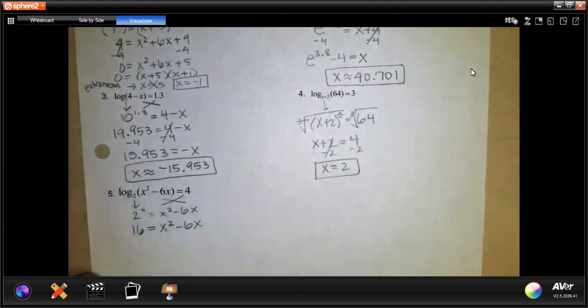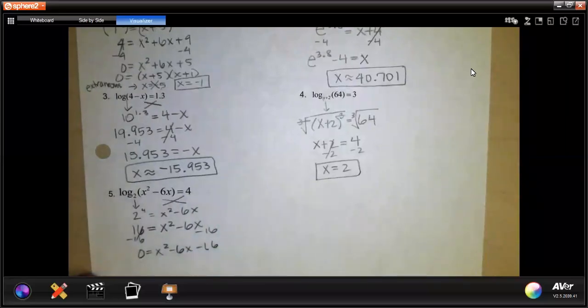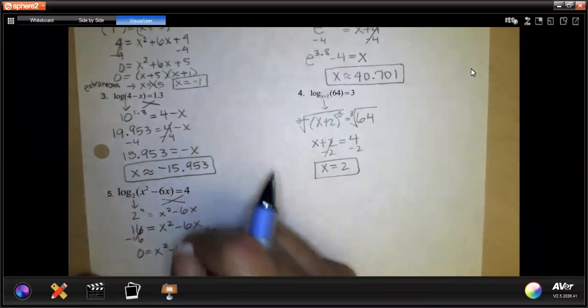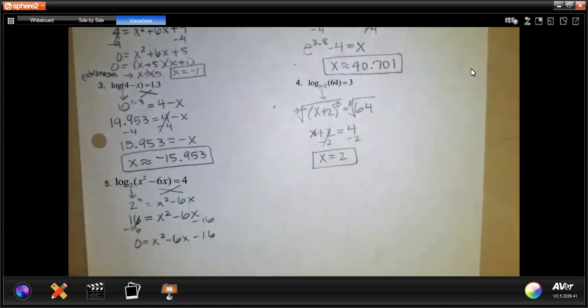I subtract 16 to get it to the other side, and I get 0 equals x squared minus 6x minus 16. Now it's ready to factor or do the quadratic formula or whatever you feel more comfortable with on solving a quadratic. This is an easy one to factor, so I'm going to go ahead and do that.